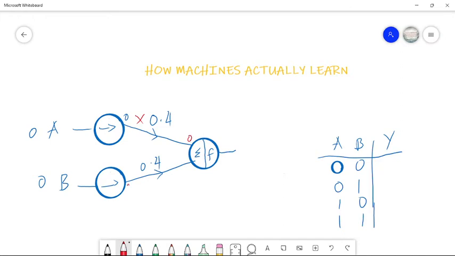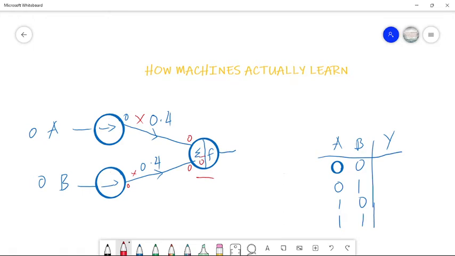The same thing, 0 times 0.4, happens on the B branch, and the result that arrives there is 0. Once this result arrives at the output neuron, the first thing that is done is the two inputs are summed together. All the inputs are summed together, actually. If there were more than two, we would do that. And the sum of that is 0.